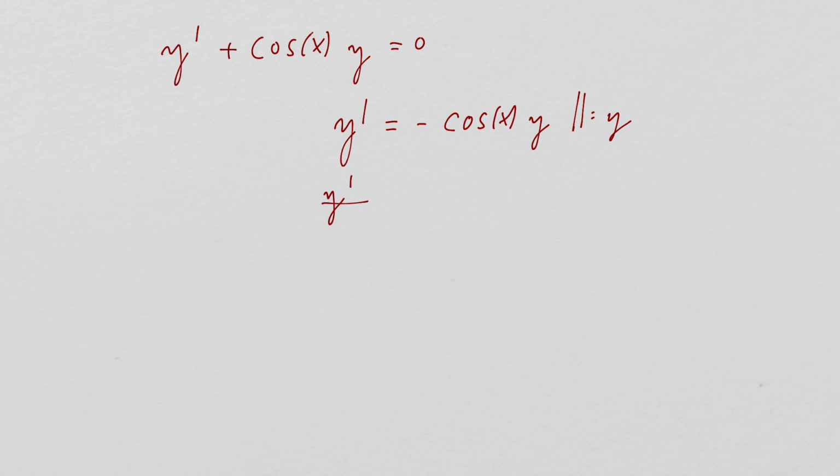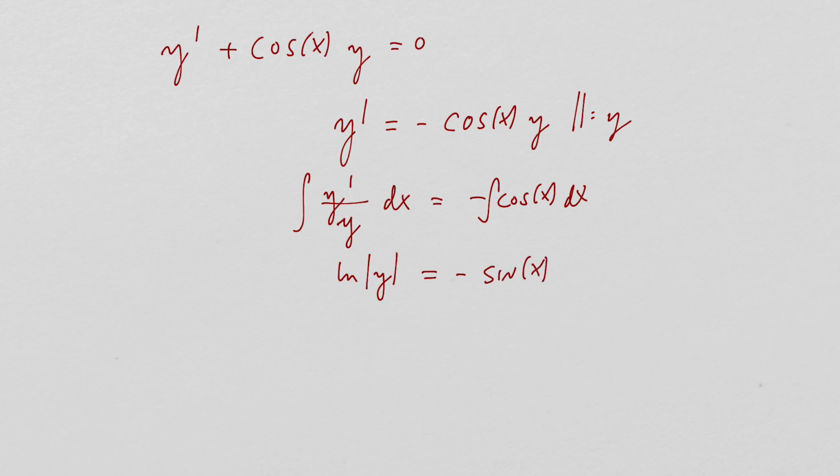We have derivative of y divided by y is equal to minus cosine of x. We can integrate in both sides. In the left hand side we will get the natural logarithm of absolute value of y, and in the right we get minus sine of x.